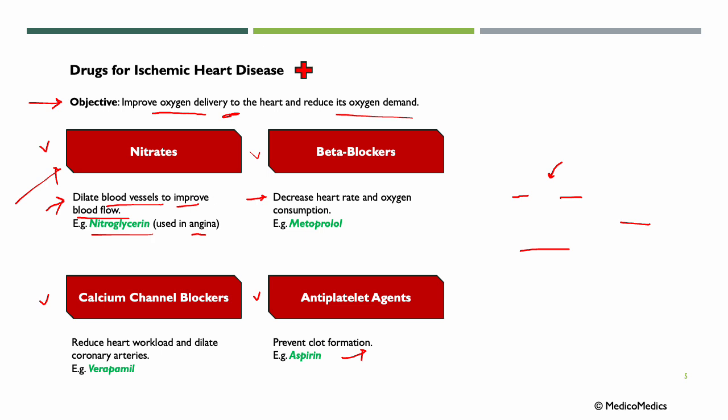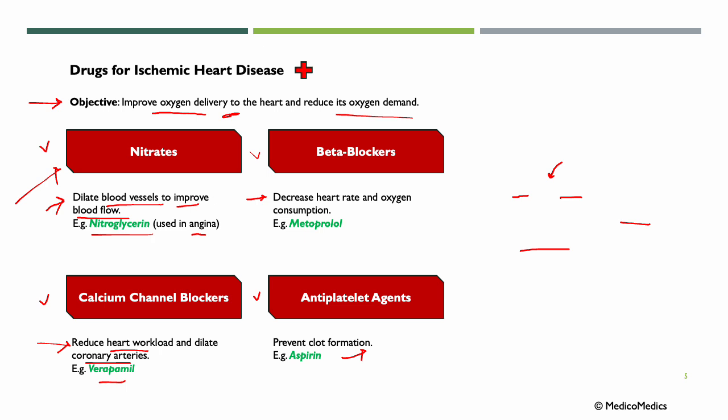The next class is calcium channel blockers, such as verapamil, for example. Now, they help by relaxing coronary and peripheral arteries, leading to improved blood flow and reducing afterload. So all in all, they reduce the workload of the heart and dilate the coronary arteries.